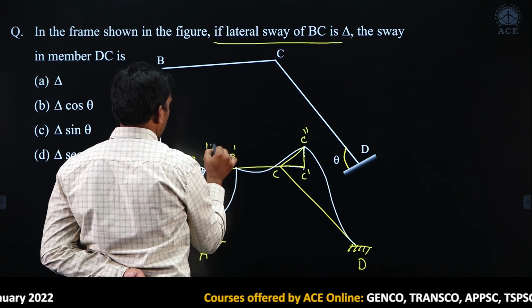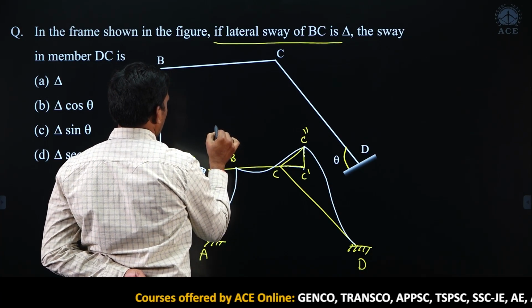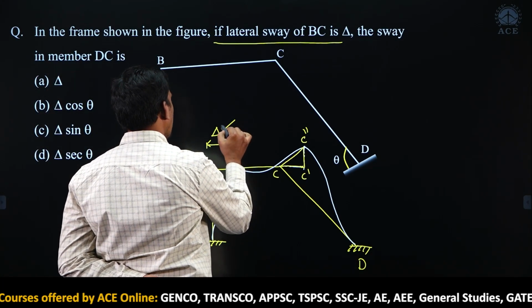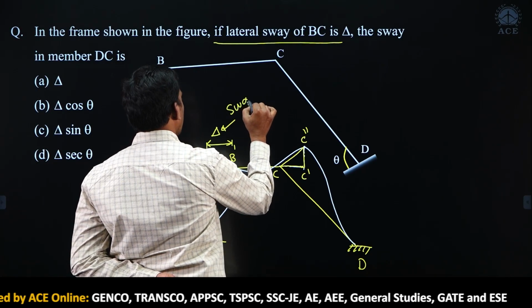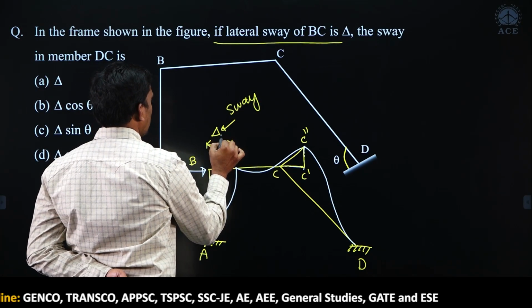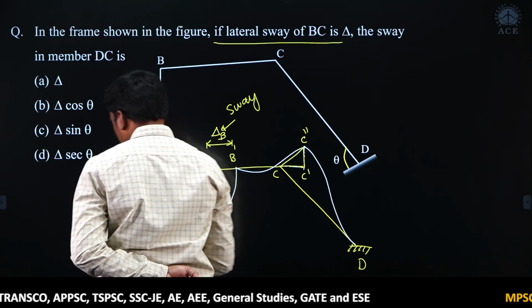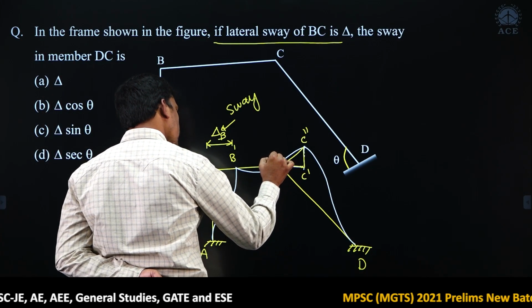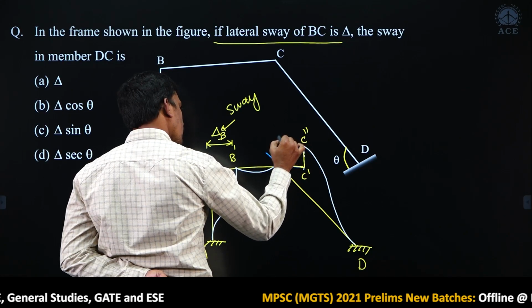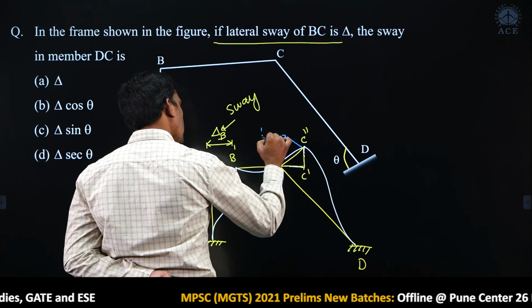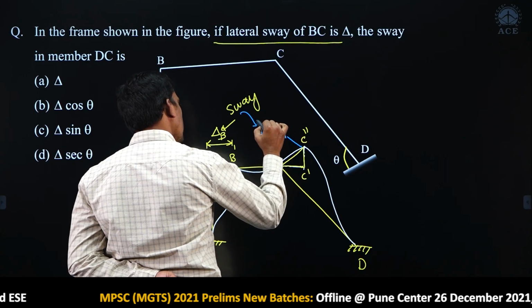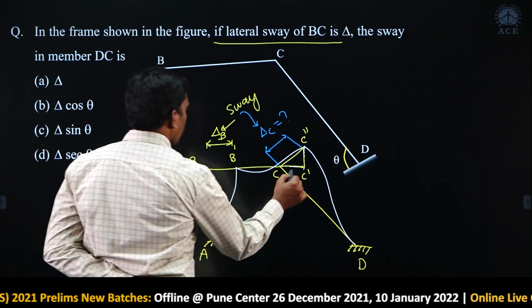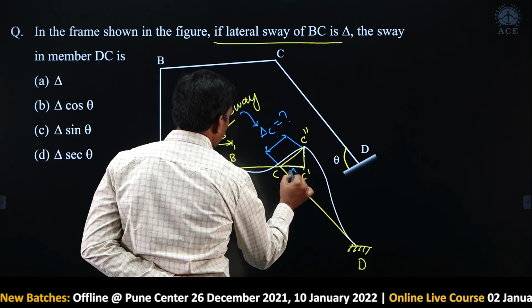This is delta. So this is the sway, right, yes or no, delta is nothing but sway. Then this is at B. Then what is the sway at C being asked? It means this is the sway at joint C. So you are asked this value, delta C. And the sway in both the columns is the same, right, then this is delta.